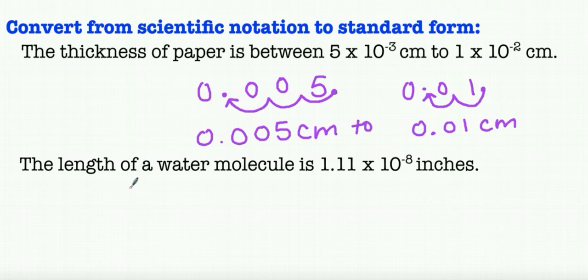So the length of a water molecule is 1.11 times 10 to the -8th power. So I'm going to write our leading value, and because it's 10 to the -8th power, I'm going to move my decimal to the left 8 times. 1, 2, 3, 4, 5, 6, 7, 8.